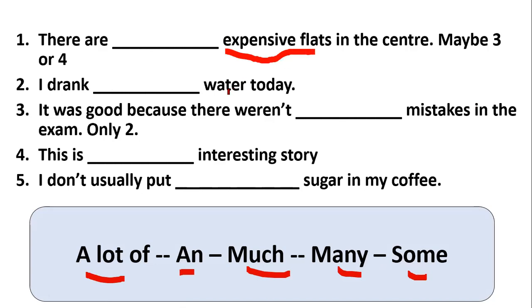Expensive flats, water, mistakes, interesting story, and sugar. You need to identify if they are countable and uncountable, okay? And use these to complete the sentences. Again, don't copy all of the sentences, only the answer.